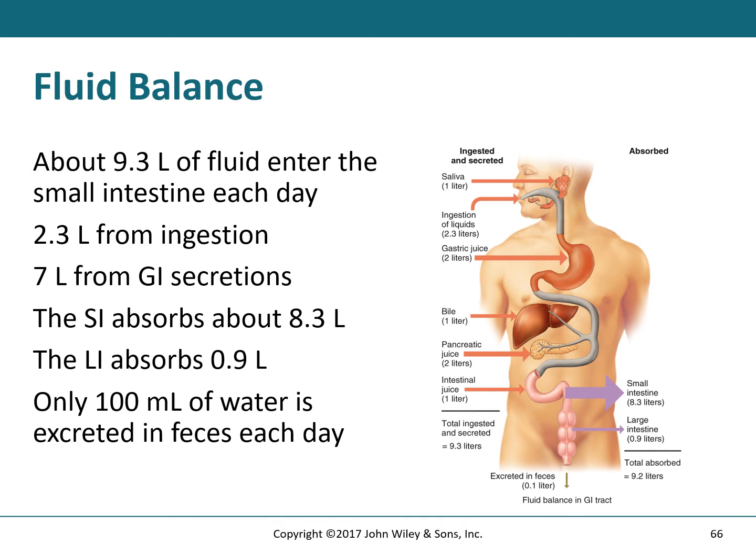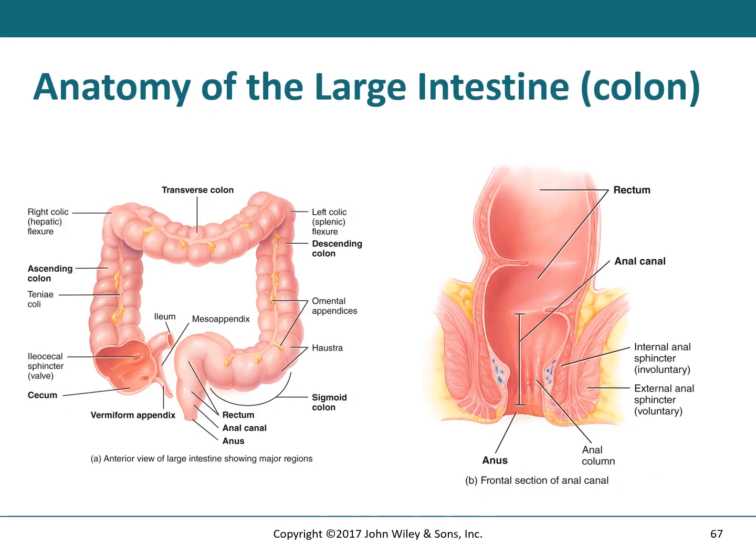And that leaves only about 1 more liter left, of which the large intestine absorbs 0.9 liters, leaving only 100 milliliters of water that's excreted in feces every day. So you can see that the small intestine also absorbs a great deal of water in addition to all the nutrients it absorbs. Let's look at the anatomy of the large intestine.